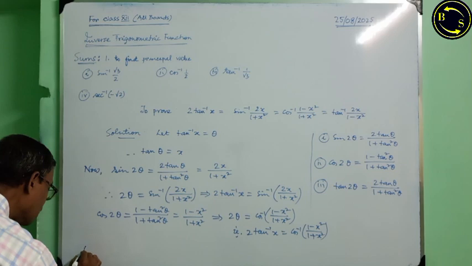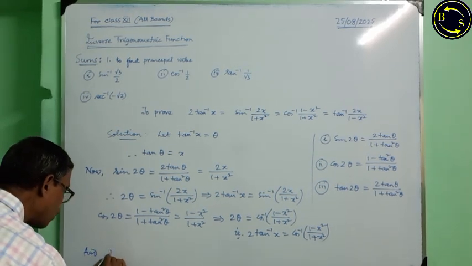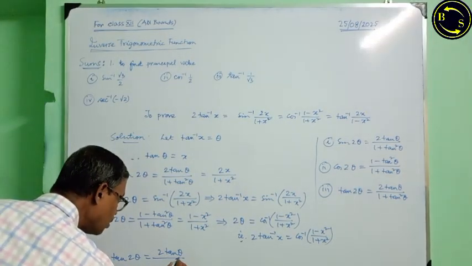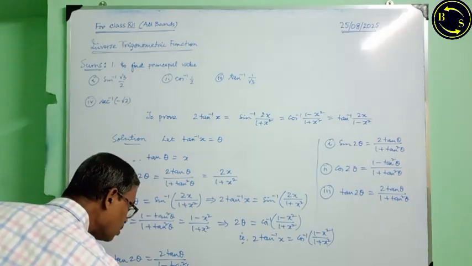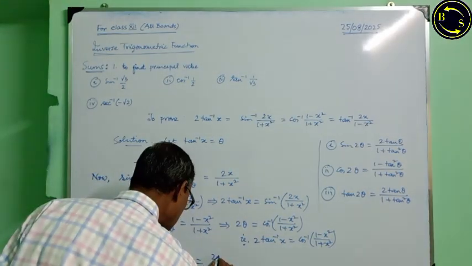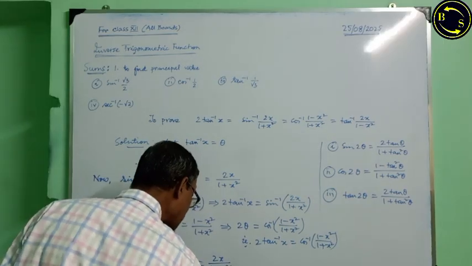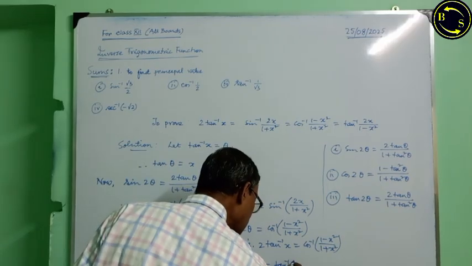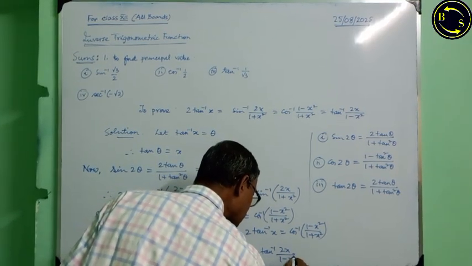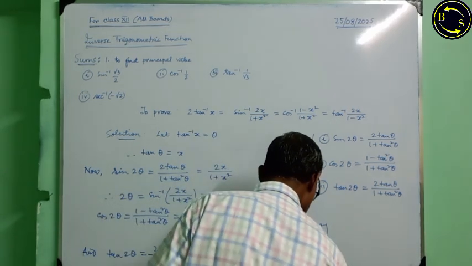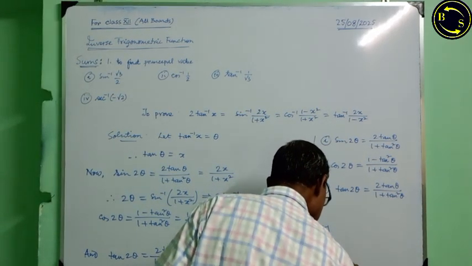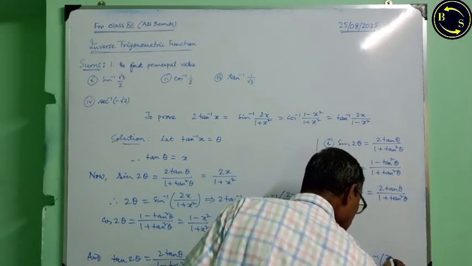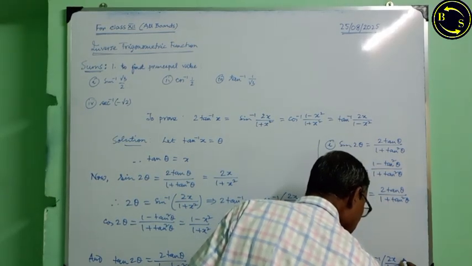Next, the last form, tan 2 theta equal to 2 tan theta by 1 minus tan square theta, put the values, 2x by 1 minus x square. Therefore 2 theta equal to tan inverse 2x by 1 minus x square, that is 2 tan inverse x is equal to tan inverse 2x by 1 minus x square.